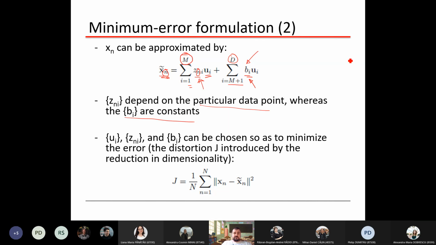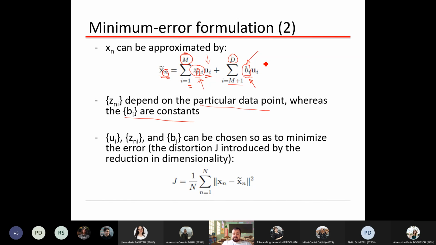And the purpose is to identify first the u_i's, and then the z_ni's, and then the b_i's, so that to identify the principal subspace and the error.